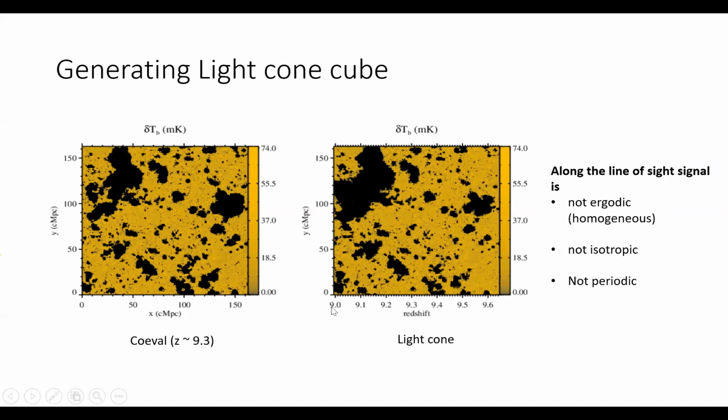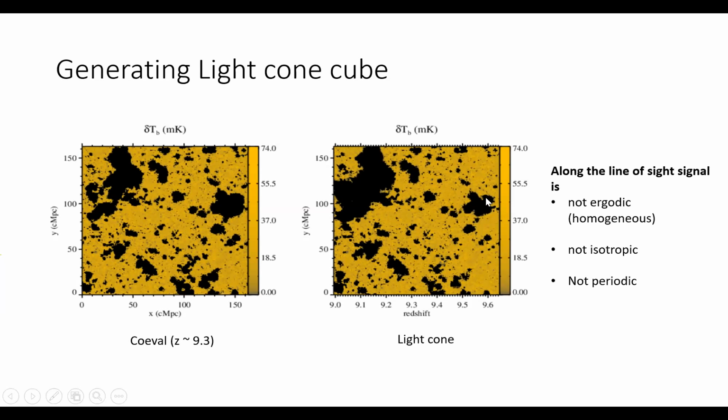You see the x-axis spreads from redshift 9 to 9.7 approximately, centered around redshift 9.3. And in the left-hand panel, that is the coeval box, you see this bubble that looks much bigger in the coeval simulation. But if you actually implement the light cone effect, it appears smaller.